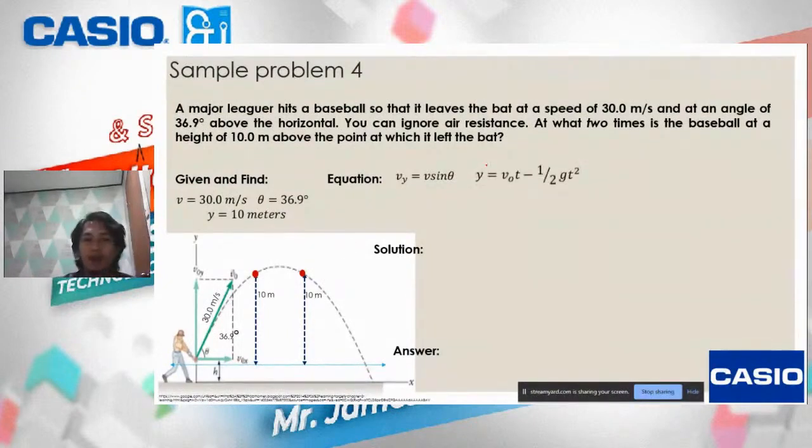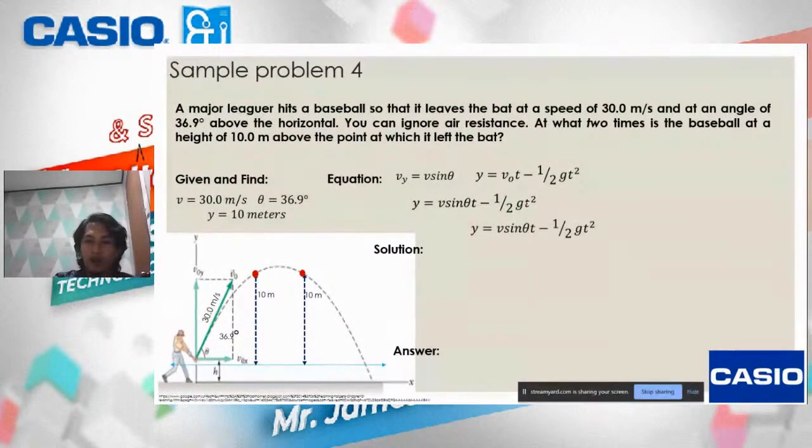Y is equal to V naught t minus 1/2 g t squared. But instead of using V naught t, we are going to use V sine theta t, since it is projected at an angle. So, our equation will be like this. Let's rearrange it so we can see our values: Y, which is 10 meters, V sine theta, then g, and the time we are looking for.